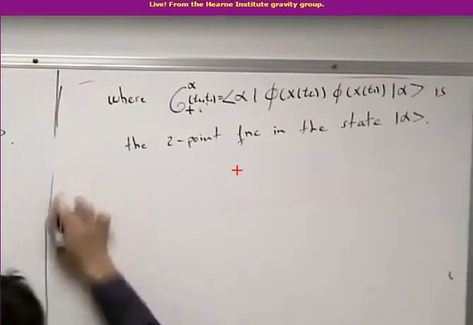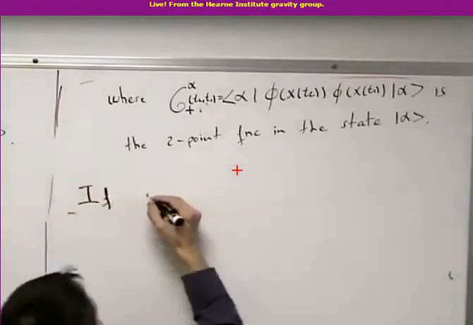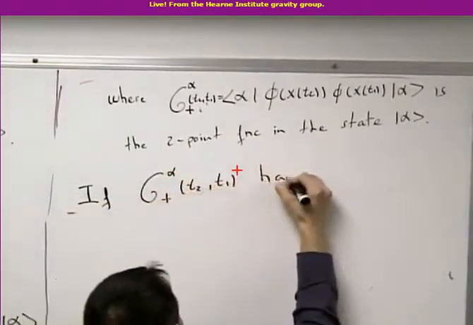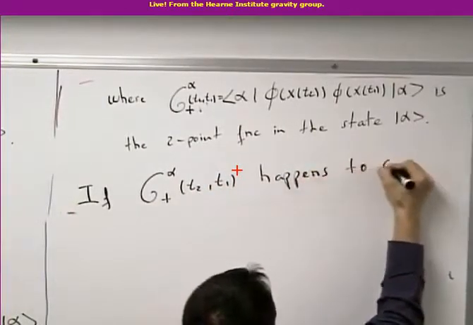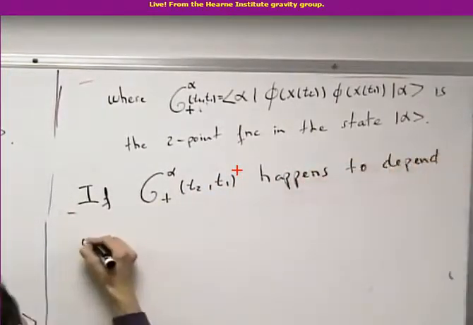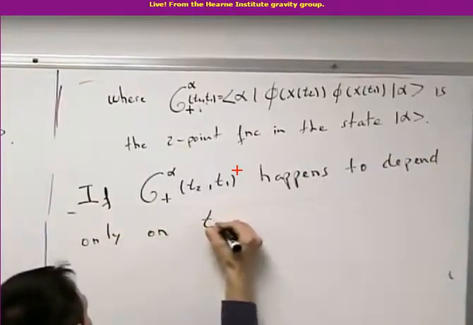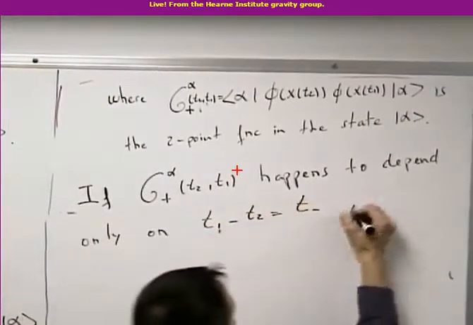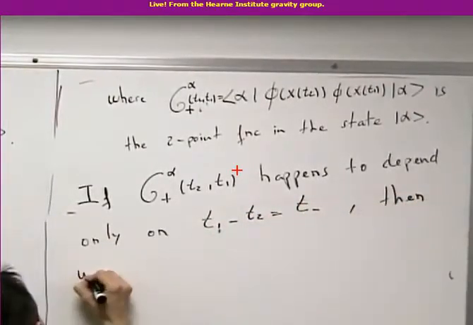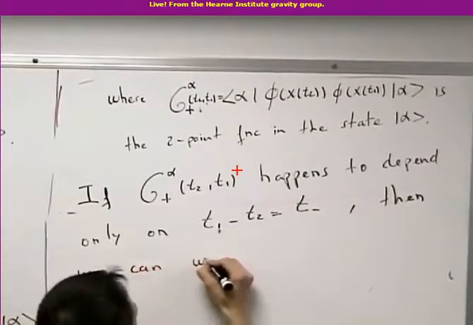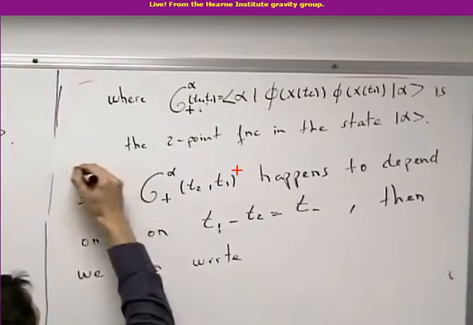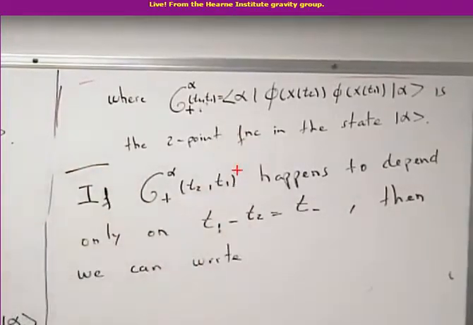So if G happens to depend only on T1 minus T2, on T minus, then we can, and this is going to happen in most of the interesting situations, like in the Unruh effect that will be true. So let me just tell you what happens. That doesn't happen in general for any alpha, but it would be useful for us.